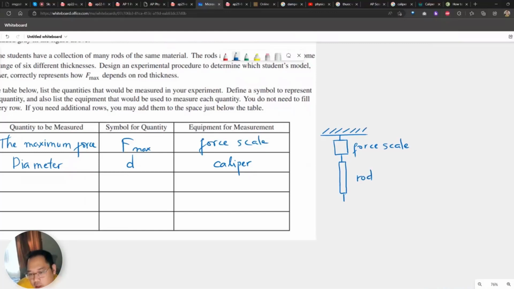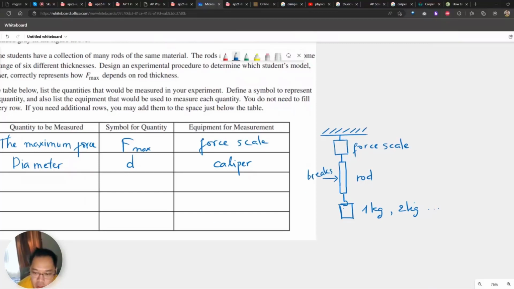Okay, and on the other side, with a hanger, of course, you can hang different objects, different weights to it, like 1 kilogram, and then increase to 1.5 kilogram, 2 kilogram, 3 kilogram, etc. Meaning you need to add different weights into it to increase the force gradually until the force is maximum and makes the rod break.